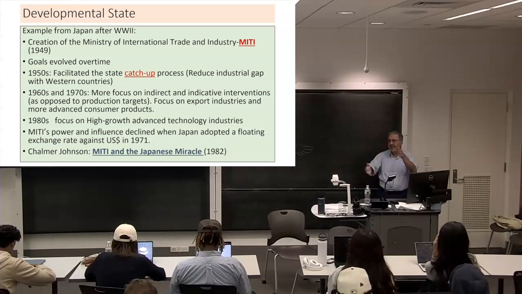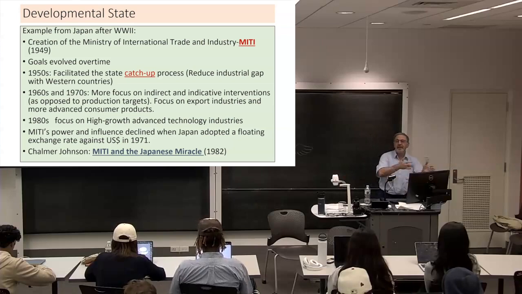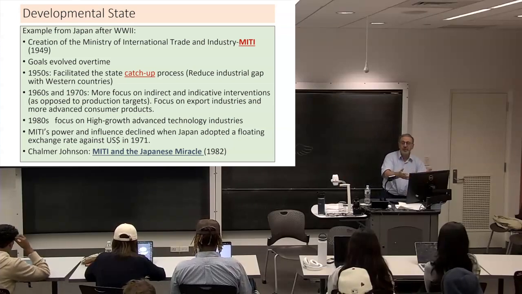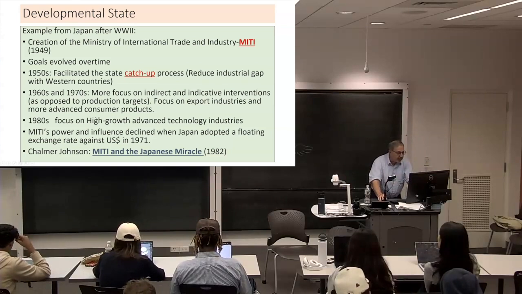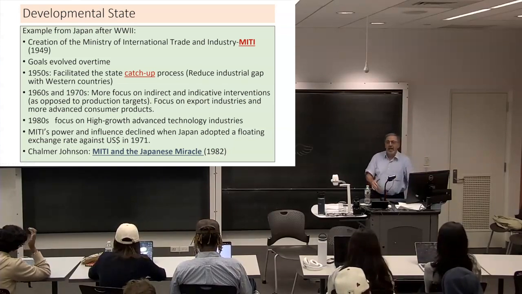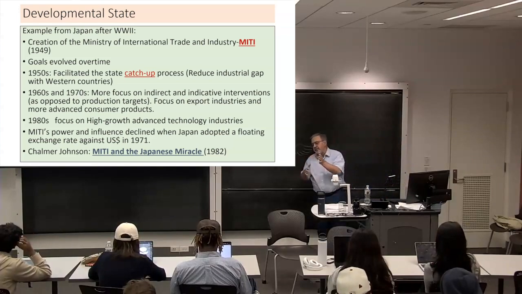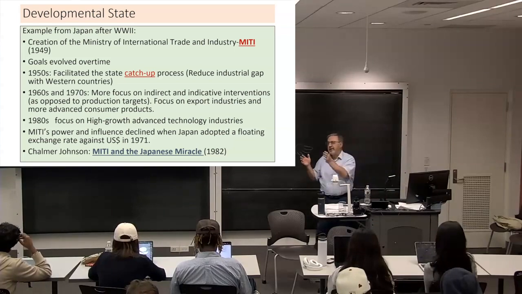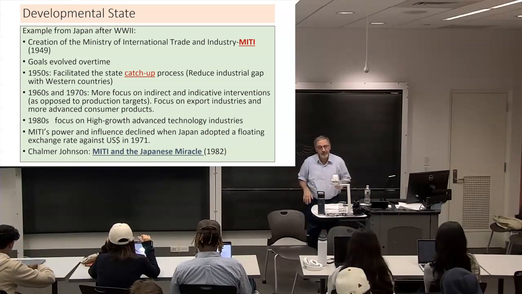So you can see the transition that took place in Japan, starting with the 1950s, with the very important role of MITI. Another function of MITI is that it would manage the transition of leading industry gradually to new industries.